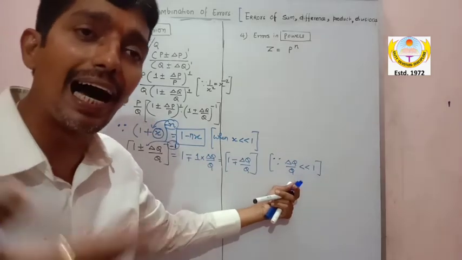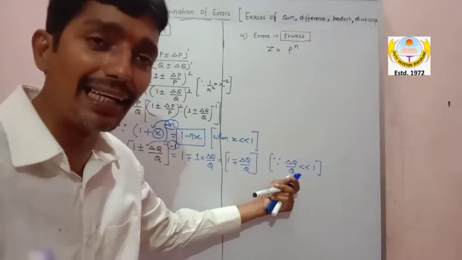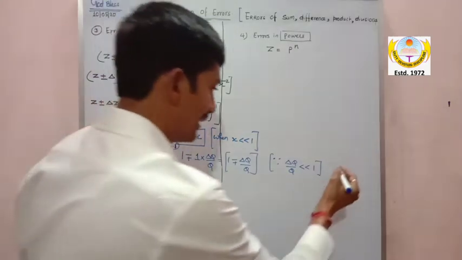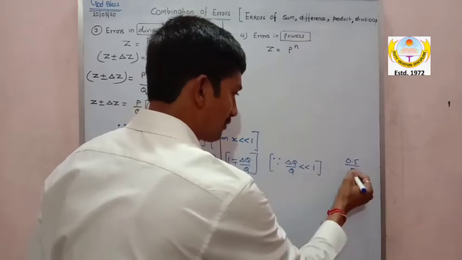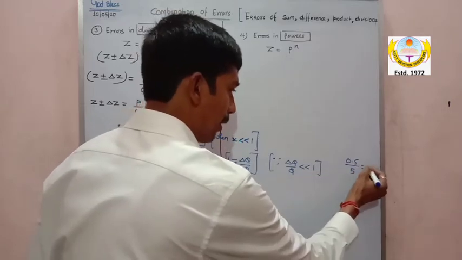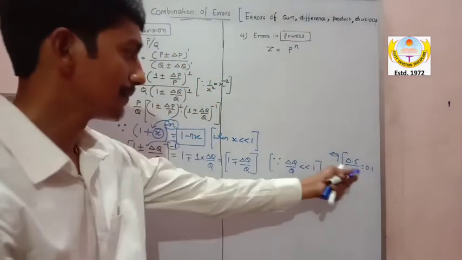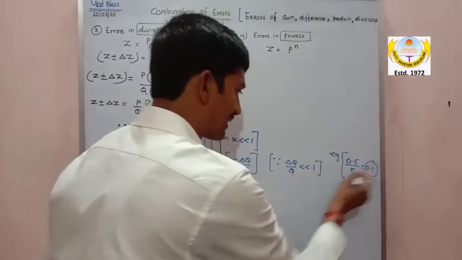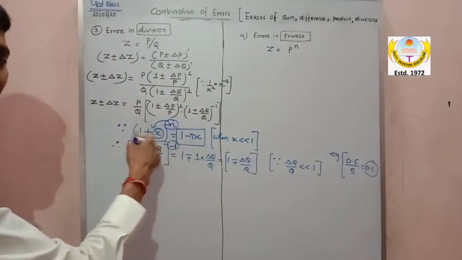The true value is very high compared to the error. When the denominator is very high, say the error is 0.5 and the true value is 5, the answer comes 0.1. So 0.1 is quite less than 1, and if it is less than 1, the formula uses the binomial concept.